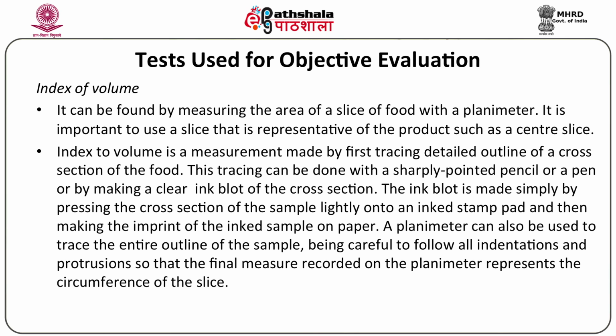It can be made by using an outline of the slice of bread with ink on a graph paper. And the grains of the bread can also be outlined by stamping it in an ink pad and then placing it on a paper and further studying the structure of the grains.